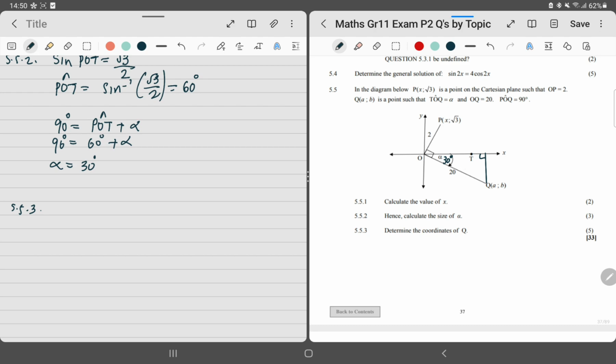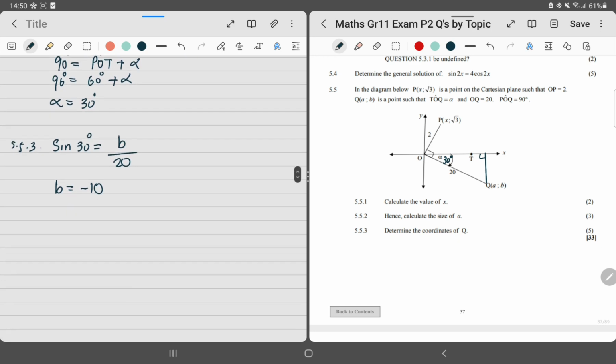So we can calculate B. We can find B. So sine of 30 degrees should be equal to, the vertical distance is B, and then the hypotenuse is 20. So B should be equal to sine of 30 times 20. So I'm getting 10, but the 10 must be negative because y is negative there.